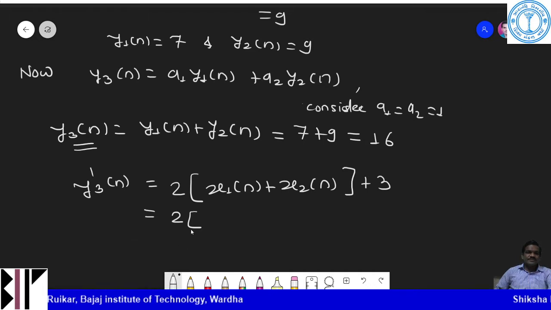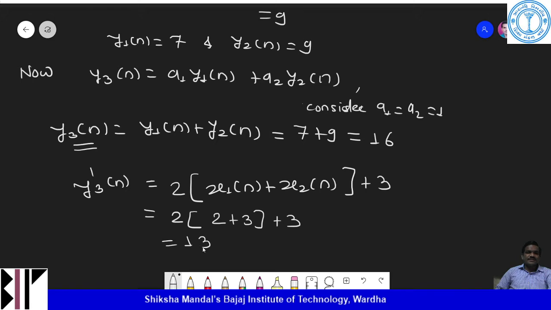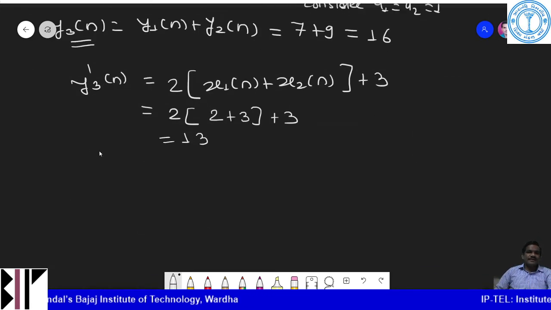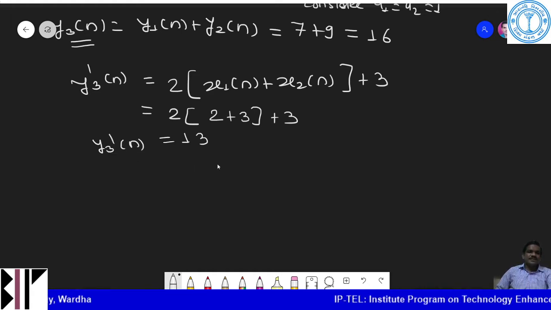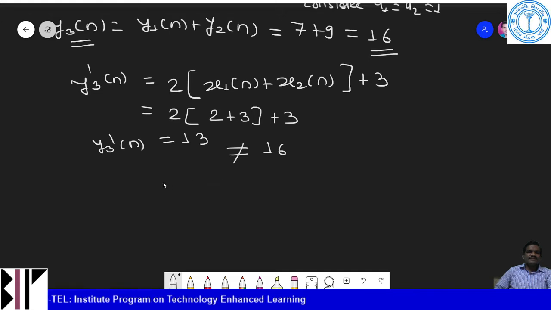So 2 times 2 plus 3, plus 3. 5 into 2 is 10, and 10 plus 3 is 13. So y3 dash of n is equal to 13, which is not equal to 16, because we got y3 of n equal to 16.